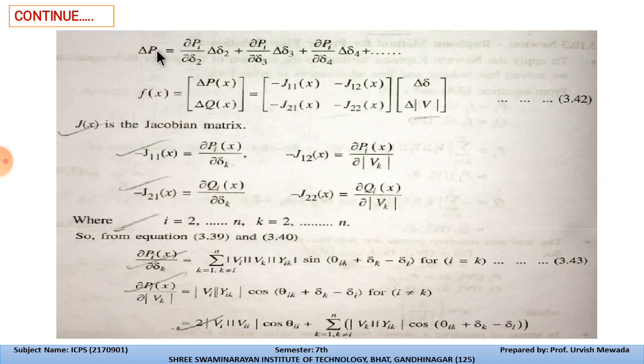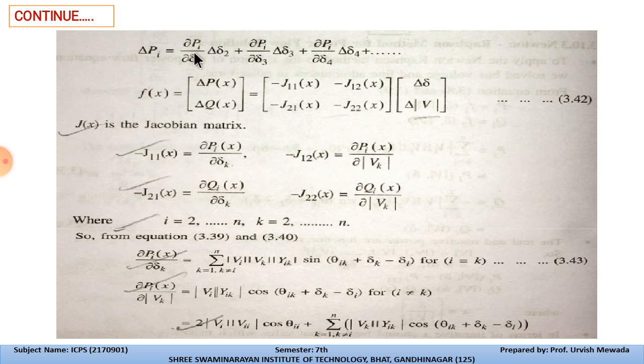Now delta Pi is equal to, we are writing the series for delta Pi, del Pi by del P2, del theta 2. So this is the series that we can write for the consequent power angles.